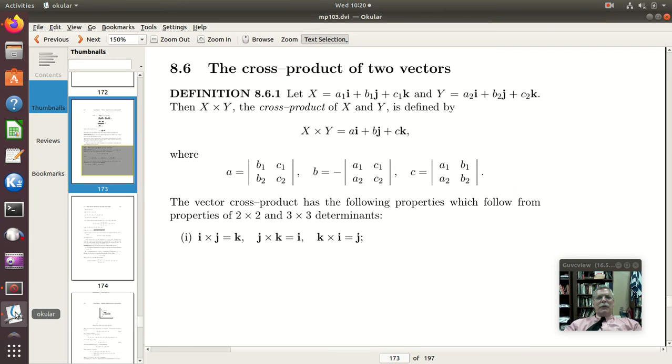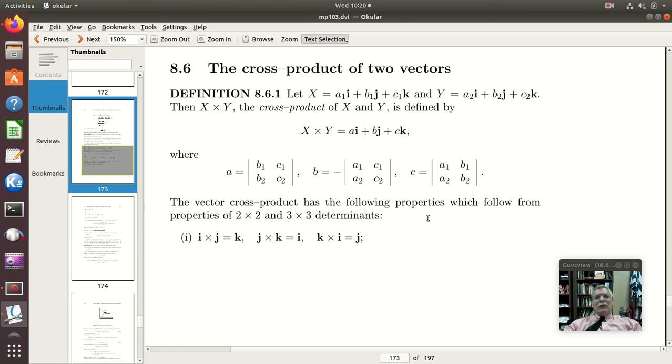And so that's, to me, where this cross product comes from, is asking that question of, given this vector x and this vector y, can I find a third vector that's orthogonal to both? And indeed I can. I can find a whole bunch of them, but in particular I can find this one nice form here where I can write A, B, and C as these determinants.